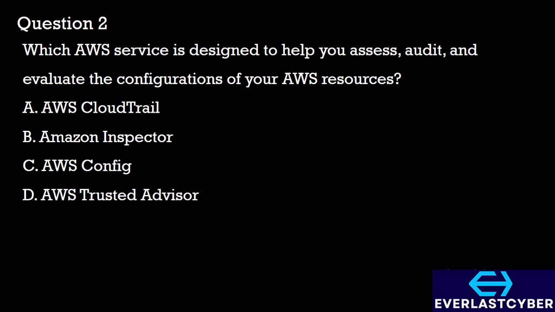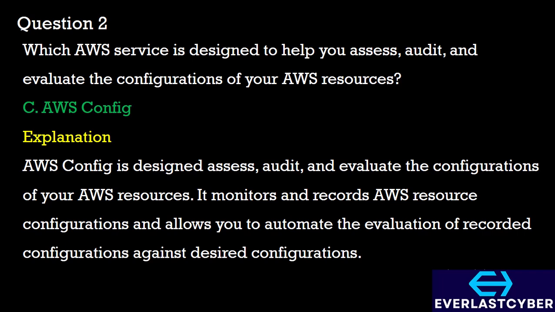AWS Trusted Advisor provides real-time recommendations to optimize AWS resources for cost, performance, security, and fault tolerance, but it is not focused on configuration assessments or auditing. So for this, the answer is option C, AWS Config. It helps to identify changes, compliance, and security risks within your AWS environments.